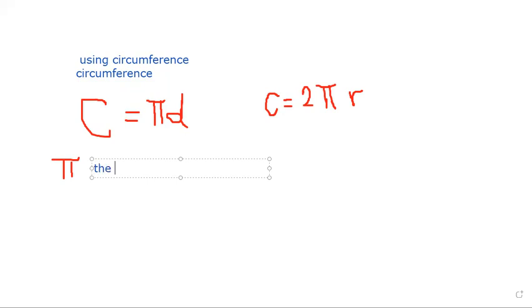The ratio between circumference and diameter. Okay, so pi is the ratio between the circumference and the diameter in the circle.